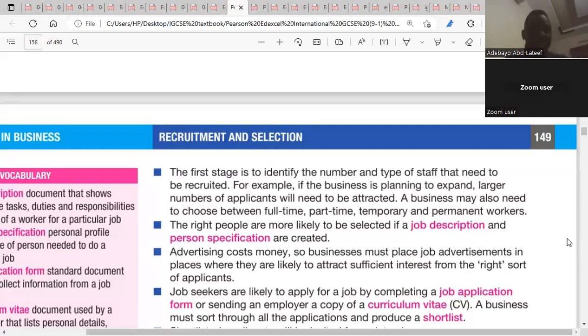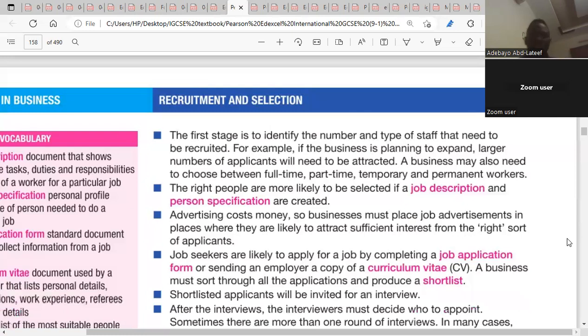This is the stage where the human resources department will understand the number of workers needed and the kind of workers they need. Do you understand the first one here? The number of workers needed and the kind of people they need for that job. That is the first stage.